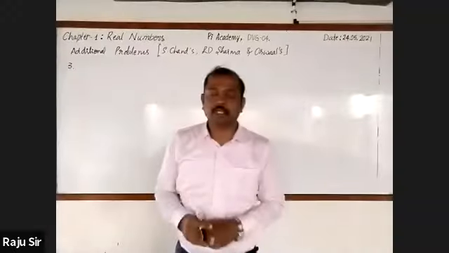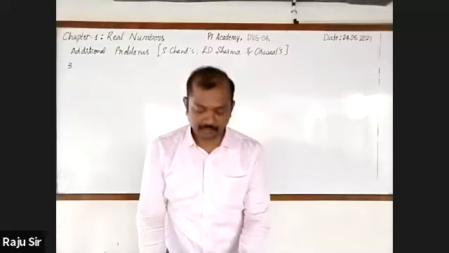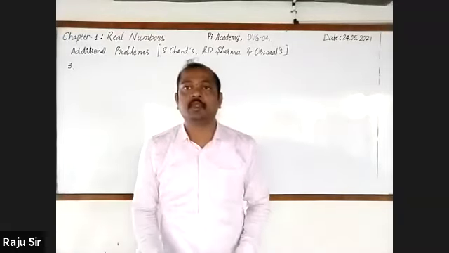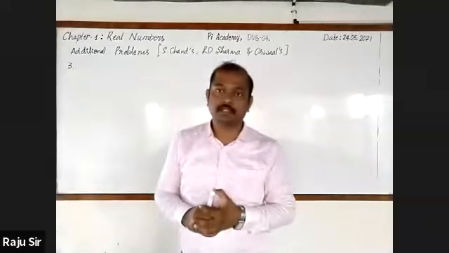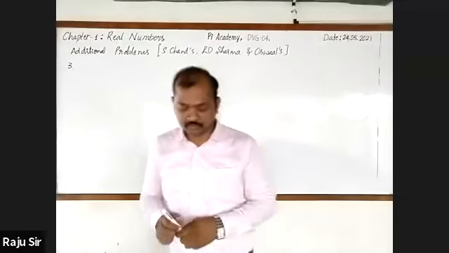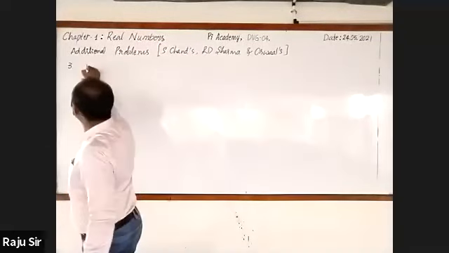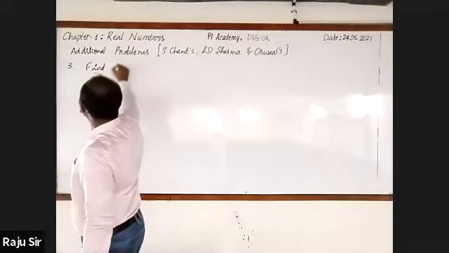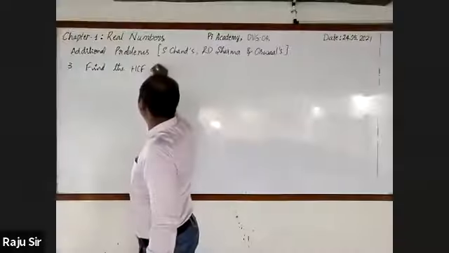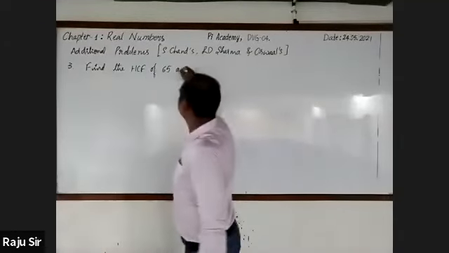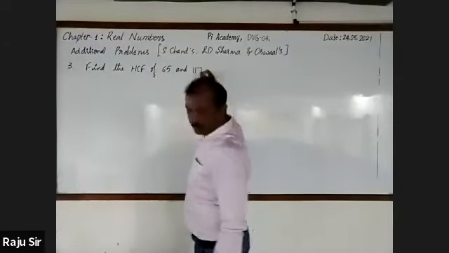Now, let me take the third problem. It is the second type, and this was also given in the examination. I'll give you that. Find the HCF of 65 and 170.